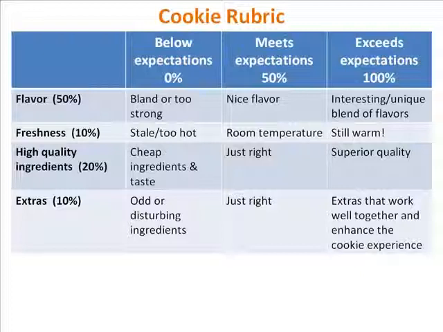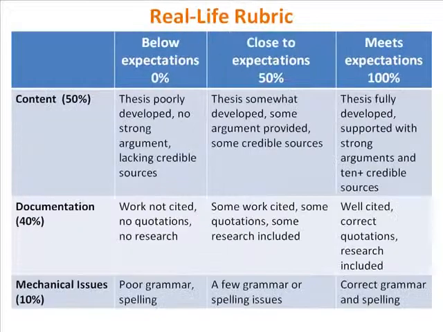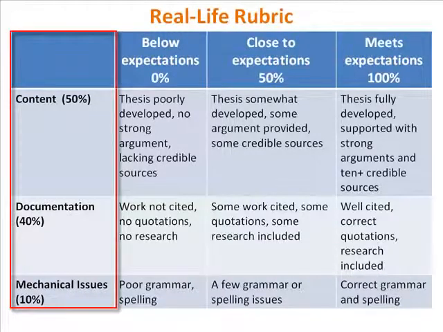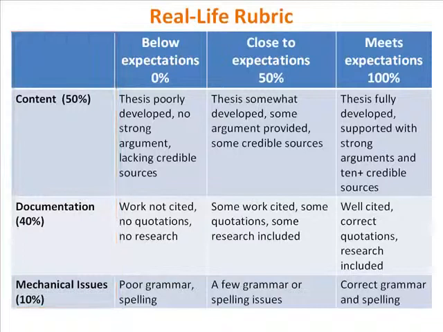So what does this look like in real life, though? Here at Centralia College, we do use rubrics for grading a number of things, and the English department has quite a few rubrics. I've taken one of theirs and certainly simplified it a lot just so I could fit it on the screen. There's much more to this rubric in reality. But in this one, you can see the categories going down the left column are for an English paper in writing: the content, the documentation, and mechanical issues.